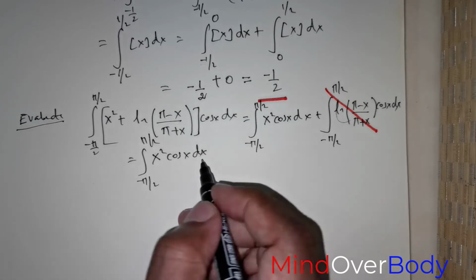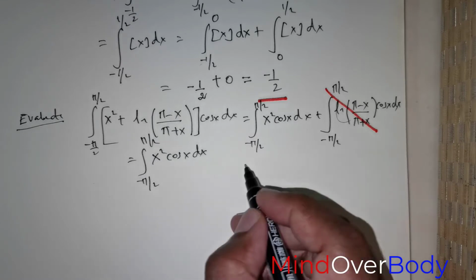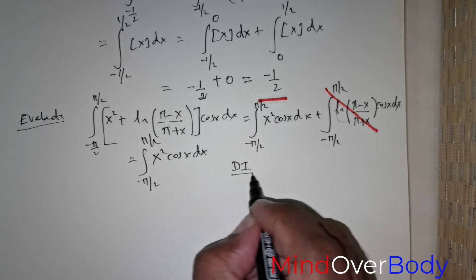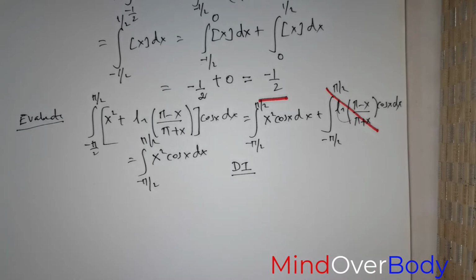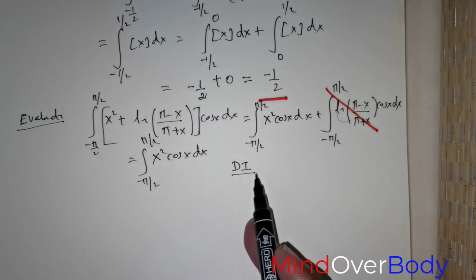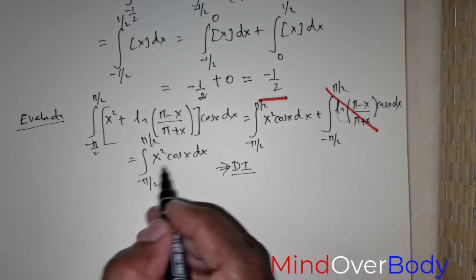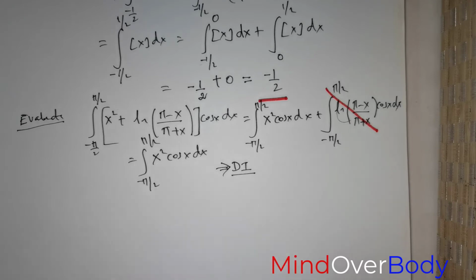Now we can perform integration by parts, or we can use this DI method which I have just mentioned in the lecture on indefinite integrals under integration by parts, right? I have mentioned that. Now I'm going to demonstrate that method and solve this, and let's see how it is done.